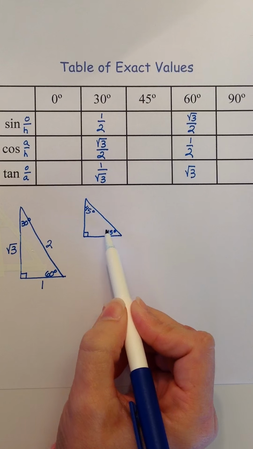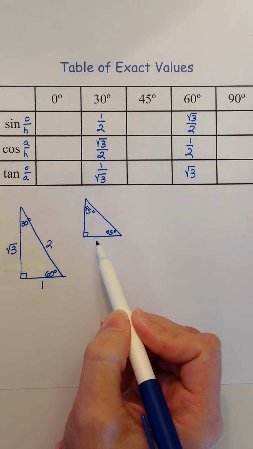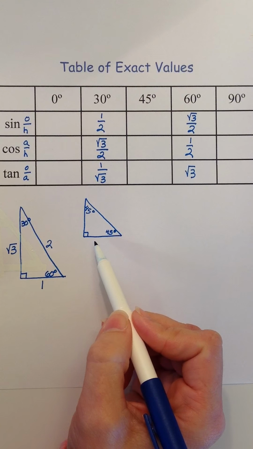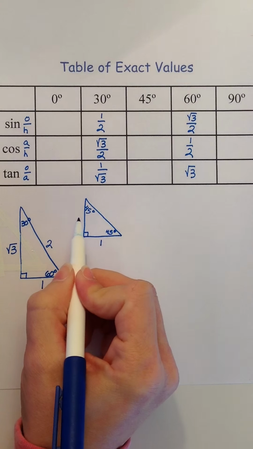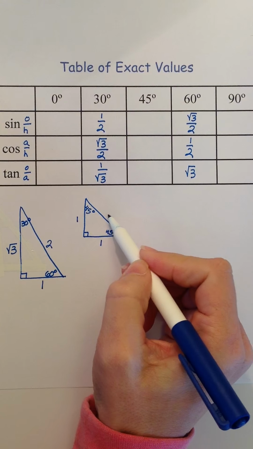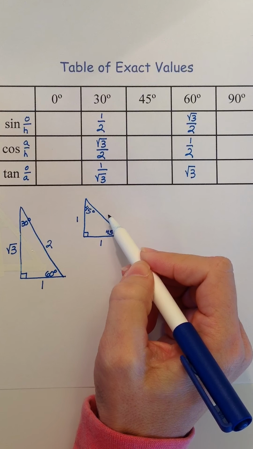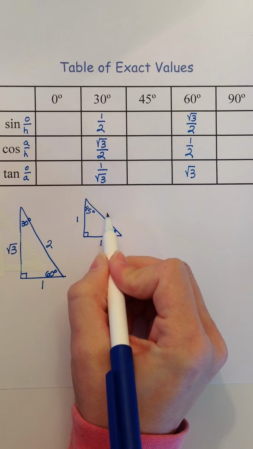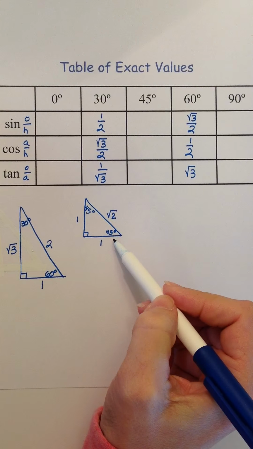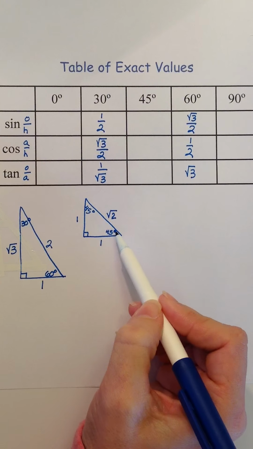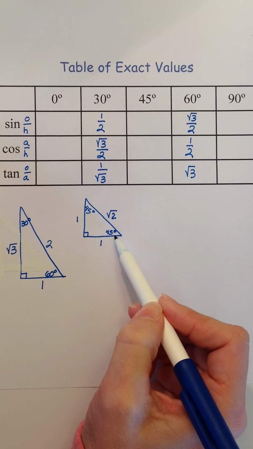Since these two angles are 45, the two legs are the same length, and if you remember, that's what we refer to as A. So again, I'm just going to let A be equal to 1, so that would be 1 and 1, and then the hypotenuse is going to be A square root 2, so that would just be 1 square root 2. It doesn't matter which of the 45 degree angles you refer to, I'll just refer to this one at the bottom.